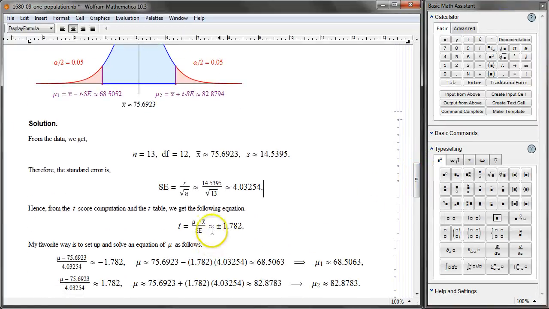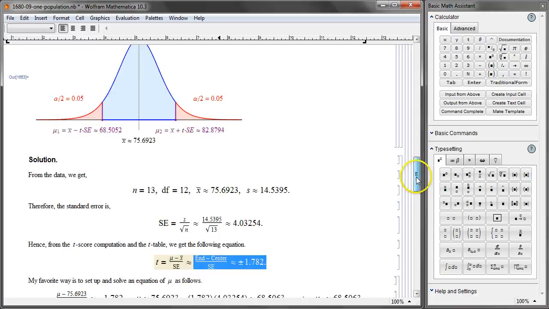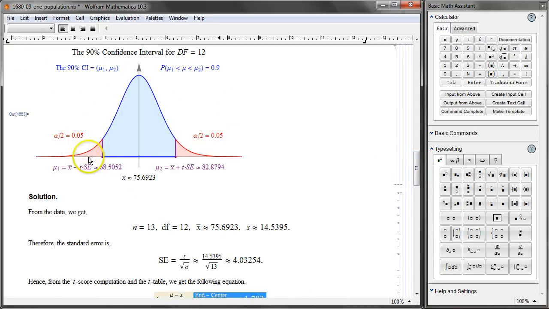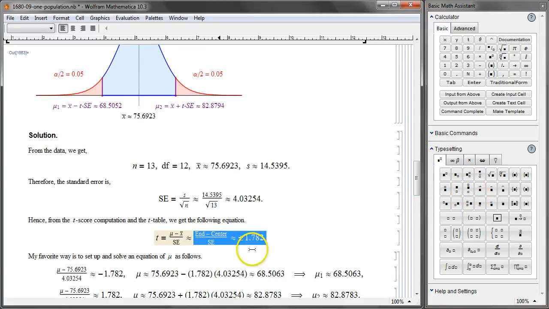In short, end minus center over standard error is supposed to be 1.782. That's the t-score, but by symmetry we have the same thing on the left-hand side as well, so plus or minus 1.782. We have done this before.